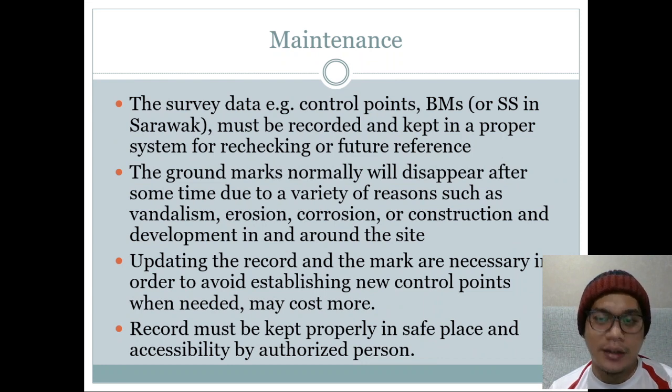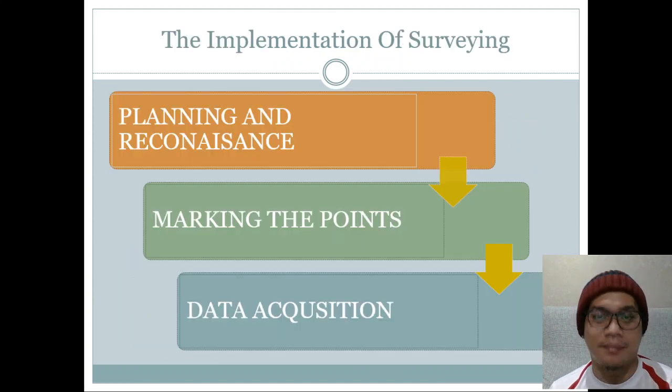And of course, the maintenance is very important. All the survey data must be recorded and kept in a proper system, as the ground marks will disappear. So updating of the records will be necessary, right? And all of these records can be viewed from the Department of Land Survey Sarawak, as well as JUPEM.